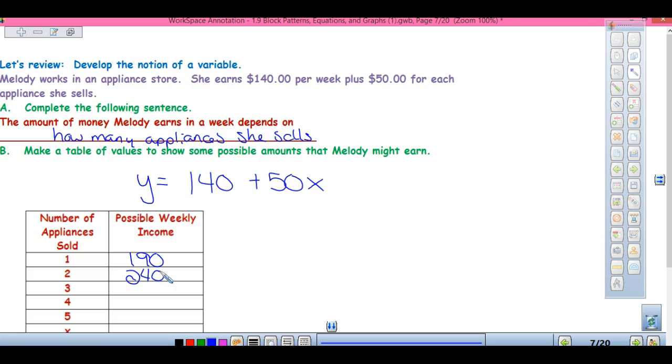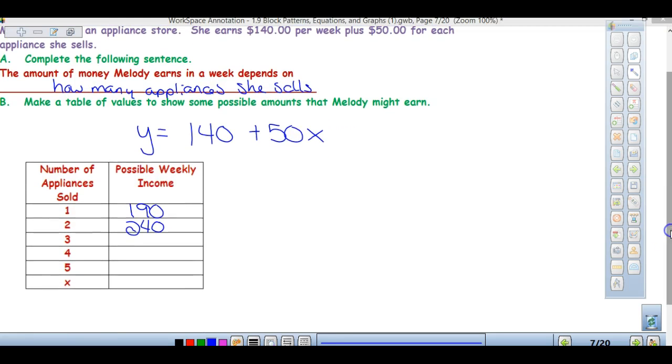Okay, so if she sells 3 appliances, how much commission is she making? No, how much commission is she making? $150, yep, in commission, plus her 140 brings us to 290, yep. Okay, that's not what I'm asking, Dylan. Listen to the question.